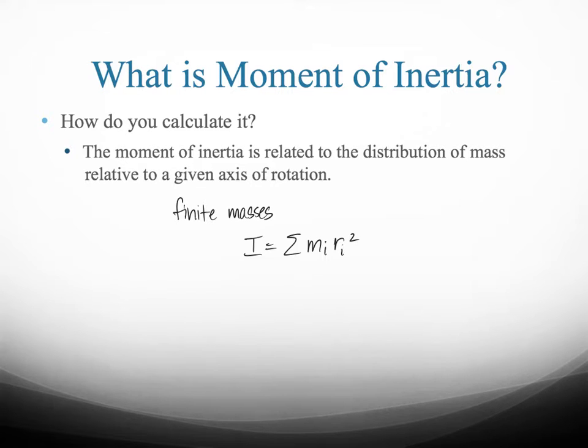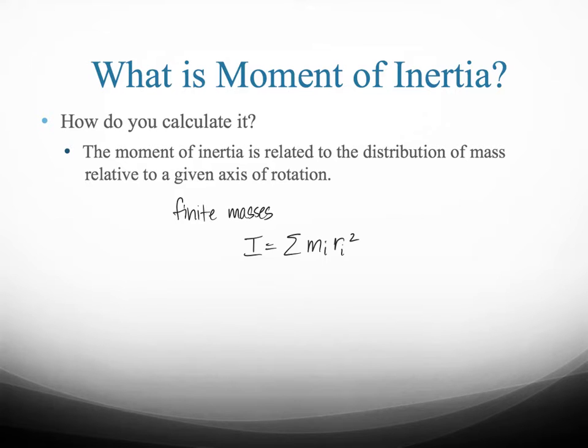This is shorthand, sometimes called the sum of the m r squares. Notice that it is related to the mass, just like inertia is, but it's also important where that mass is in relation to the axis of rotation.